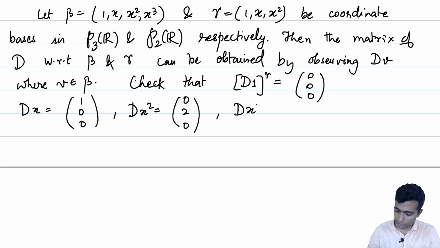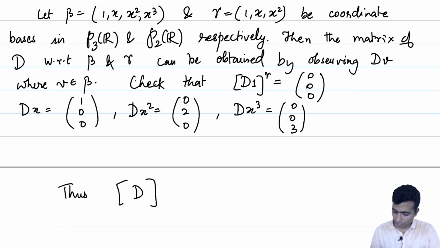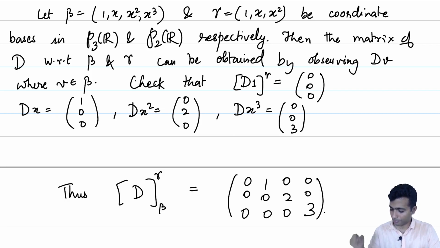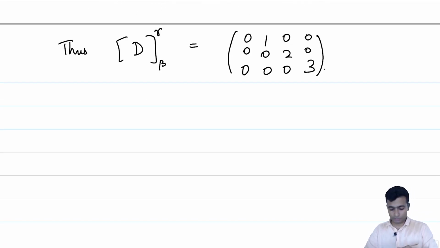And what is dx cube? This is going to be equal to 3x square, which is 0, 0, 3. Thus, the matrix of D with respect to beta gamma will be 0, 0, 0, 1, 0, 0, 0, 2, 0, 0, 0, 3.